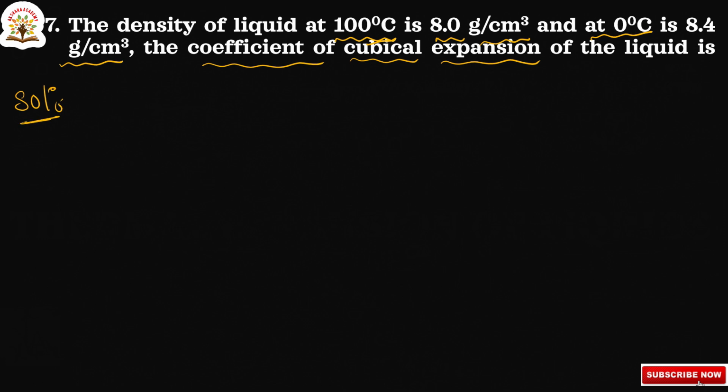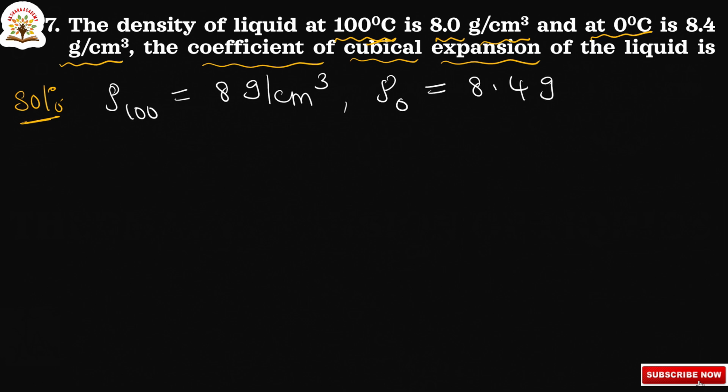Here, given the density of the liquid, we write rho at 100 degree centigrade equals 8 grams per centimeter cube. At 0 degree centigrade, they have given us 8.4 gram per centimeter cube.